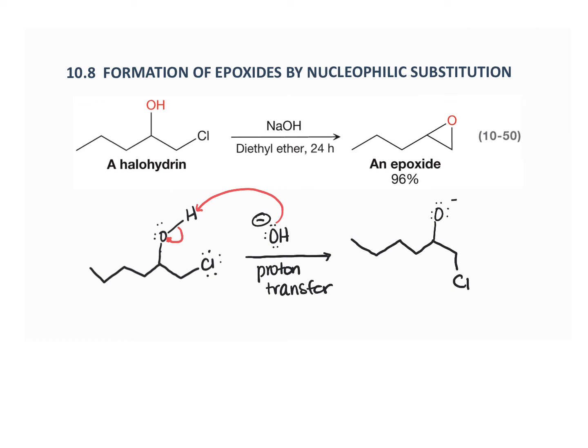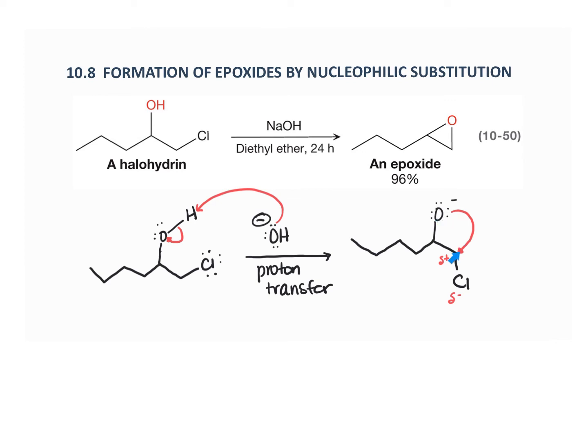And what we're going to find here is an intramolecular reaction where the oxygen here is going to come down and attack this carbon next to the chlorine. Now this makes sense to us. Chlorine is very electronegative. That makes this carbon more electropositive. Oxygen's negative here. We know negatives and positives like each other, right?